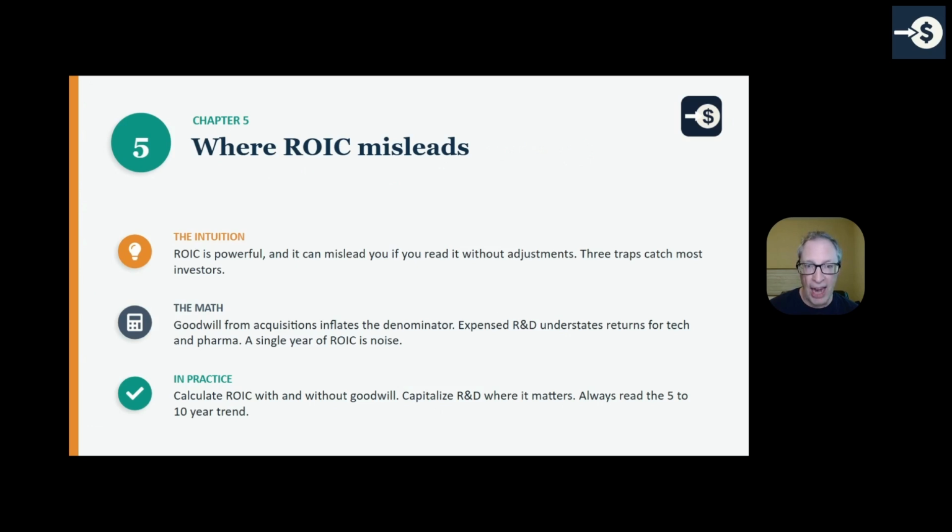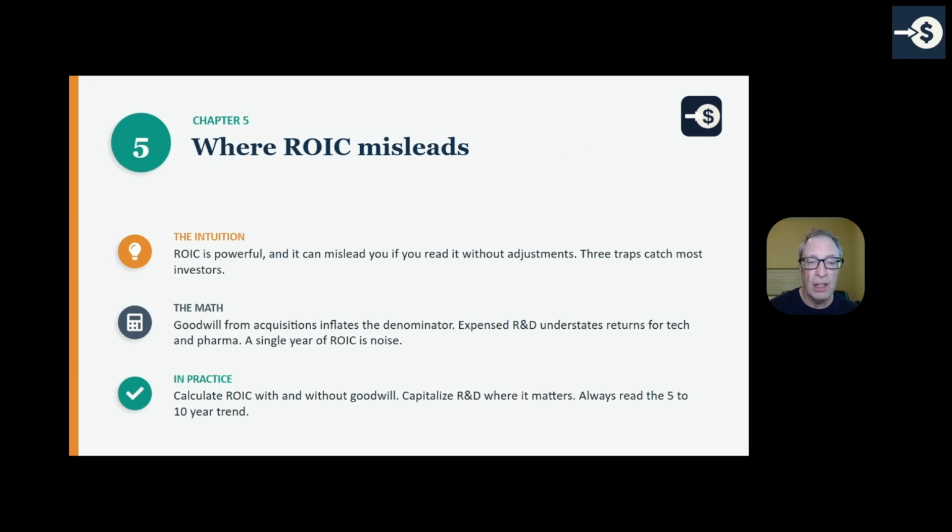So the best practice is to calculate ROIC both with and without goodwill to see the true operating economics. This is a tip I picked up from Michael Mauboussin. When you're looking at the asset side of invested capital, you want to do that calculation with goodwill and without goodwill. Serial compounders, companies like Brown & Brown, Fiserv, Constellation Software.